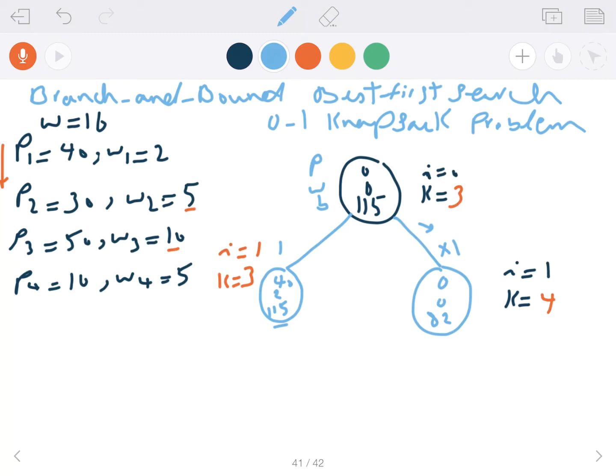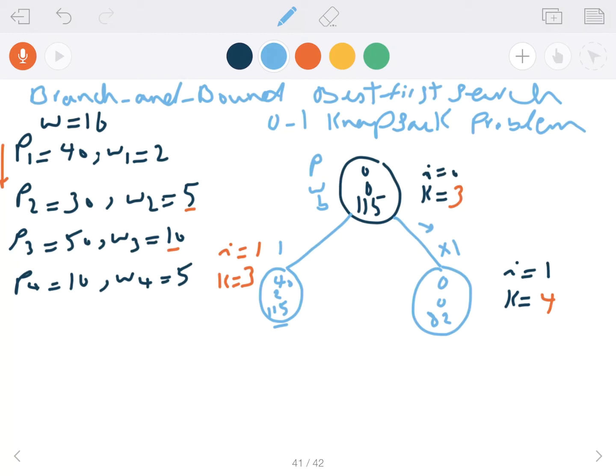It doesn't mean that it's going to be exactly the solution. But for now, we are going to expand the node that at least gives us the more promising value. So that's why we are expanding this one, and for now not expanding the other one.